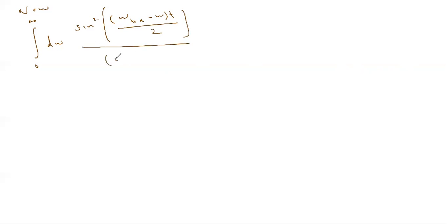So I can write this 0 to infinity d omega sine square omega ba minus omega times t over 2 over omega ba minus omega square approximately as minus infinity to plus infinity, d omega and this whole argument.